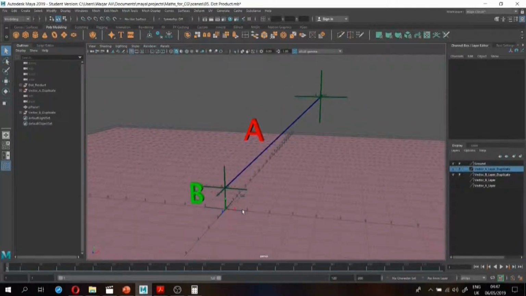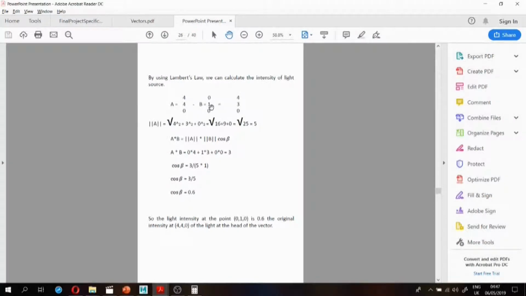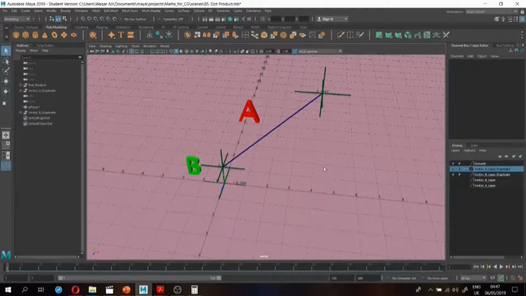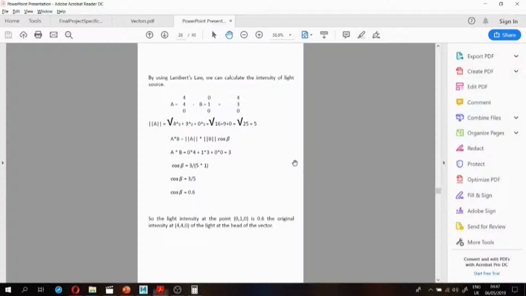B has no movement in the x and z directions and 1 unit of movement in the y direction, and A has no movement in z, so it's 4 units of movement here and 4 in the y direction. The magnitude of A, now we need to subtract to get this vector, is 4 squared plus 3 squared plus 0 squared, which is 16 plus 9, which is 25, and the square root of 25 is 5.